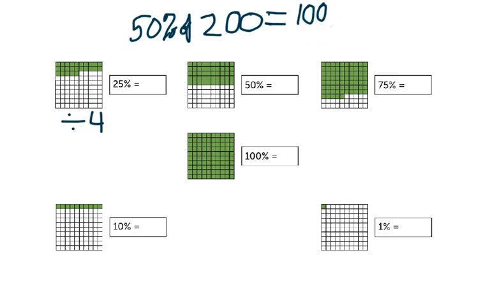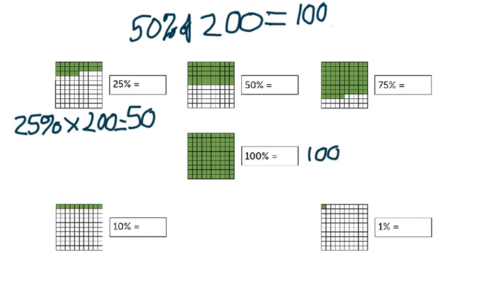So 25%, and I'm going to do times this time, just to mix them up a bit, times 200 is 1/2 of 100, it's 50. I can get 4 lots of 50 in 200. So 25%, 1/4 of 200 is 50. Well, 100%, we know that's the whole.